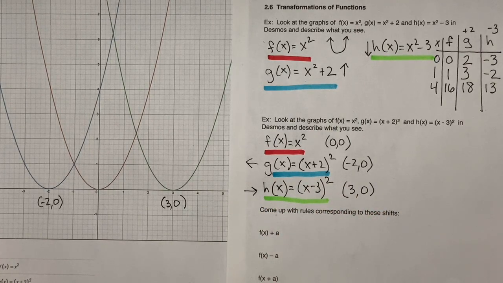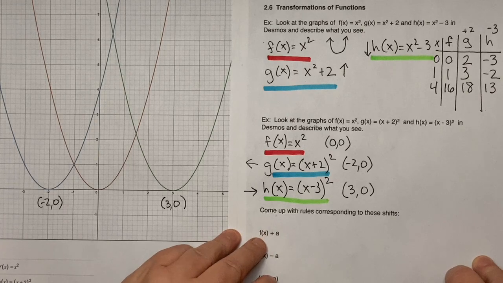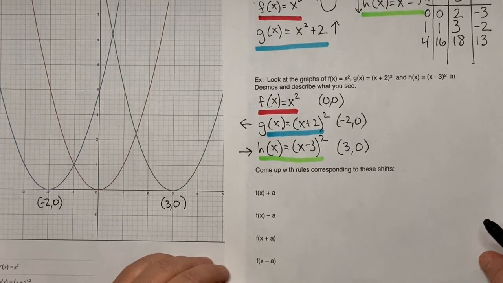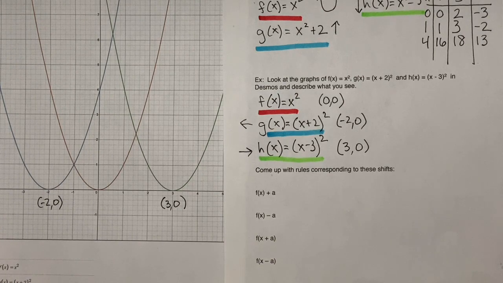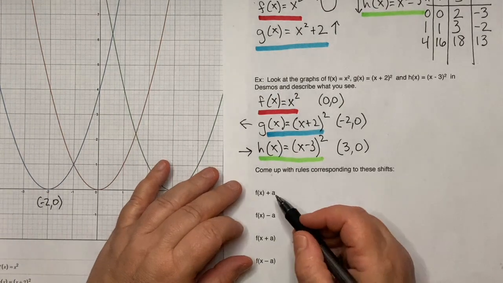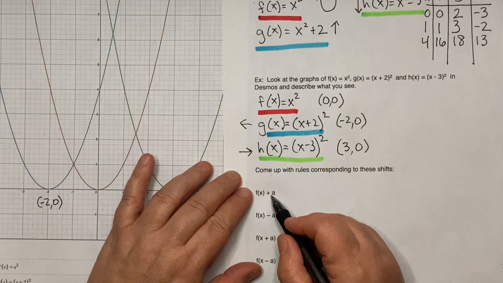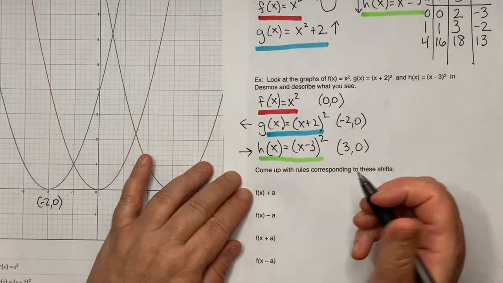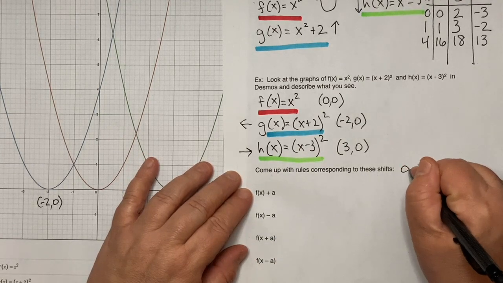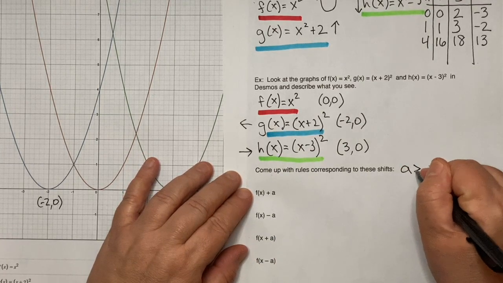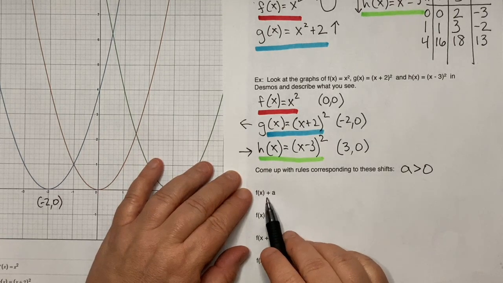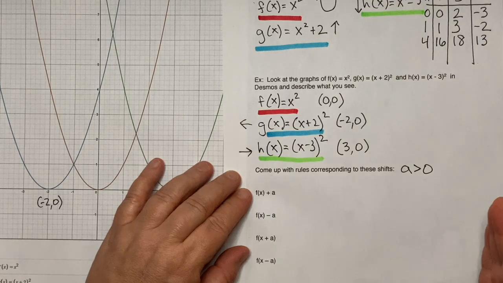Okay, so for this first video, just the shifts, what are the rules? So the rules are, if you have a plus a and a minus a, and here I want to say a is strictly greater than 0, so we're not doing plus a minus 3 because that's going to mess us up.